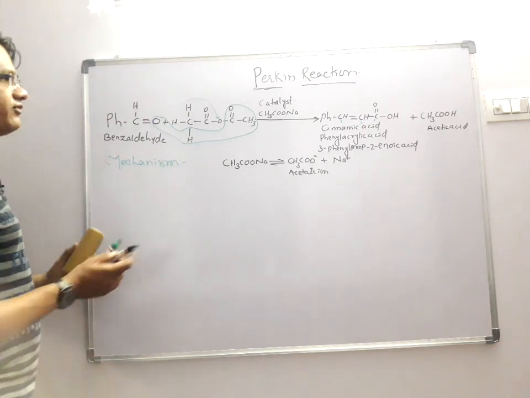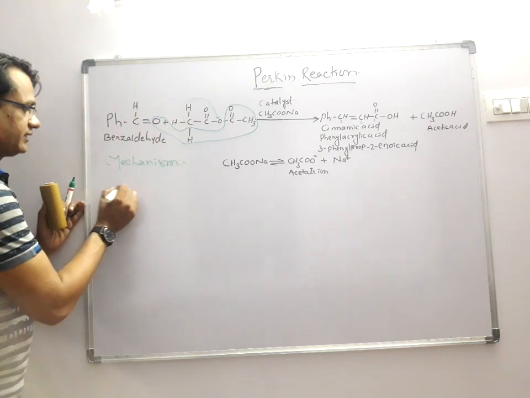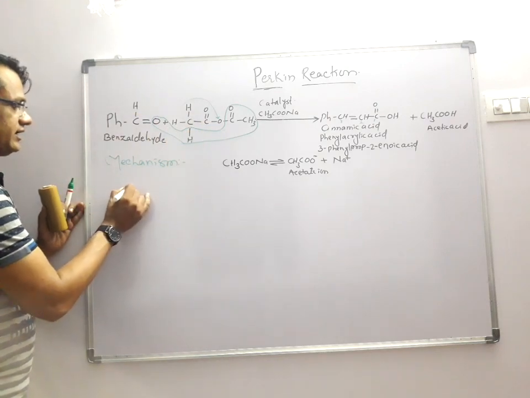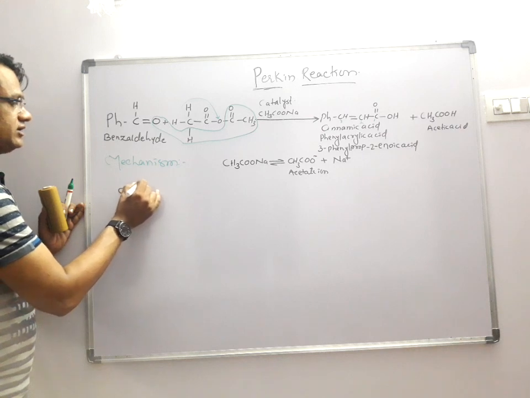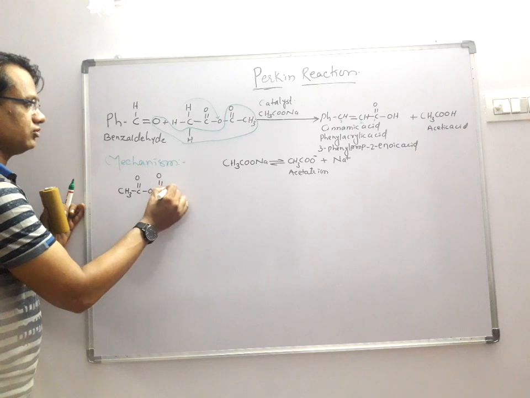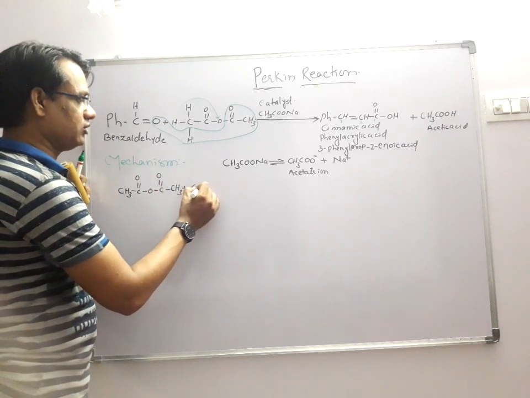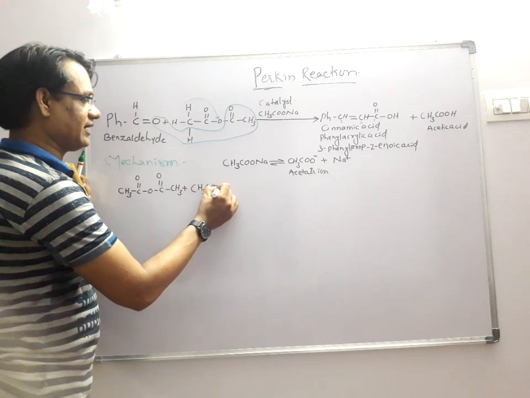Next, the acetic anhydride, that is CH3C=O, O, C=O CH3, donates its proton to the acetate ion.